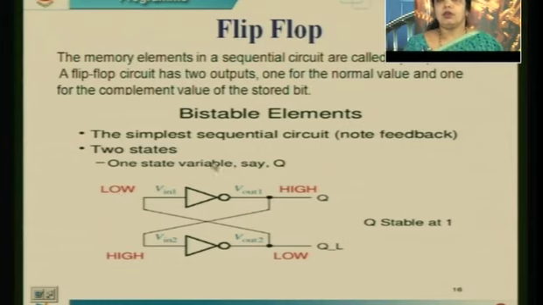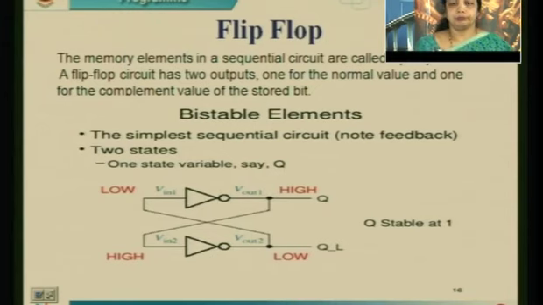The output of the first NOT gate will be high, which in turn is connected back to the lower NOT gate as high. So the output of this NOT gate will be low. Together we can say the output of this bistable element is high and low, which is the normal output as well as the complemented output. So this is a basic bistable element to build a flip-flop.